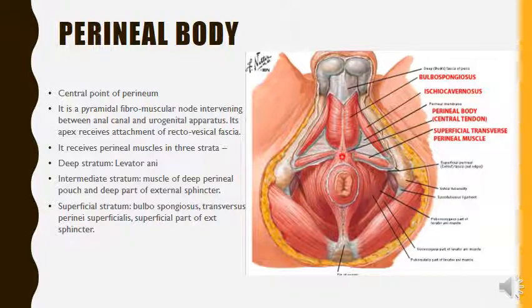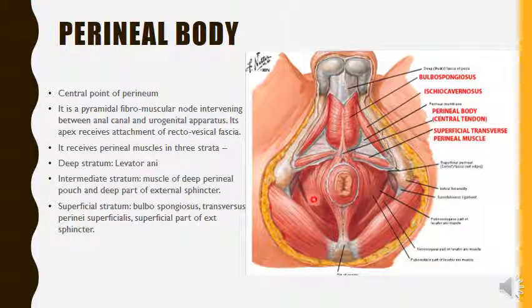So in between the urogenital apparatus and the anal canal, this area is the perineal body. And it receives the perineal muscles in three strata, right? In three layers it gets the insertion or attachment of the perineal muscles.